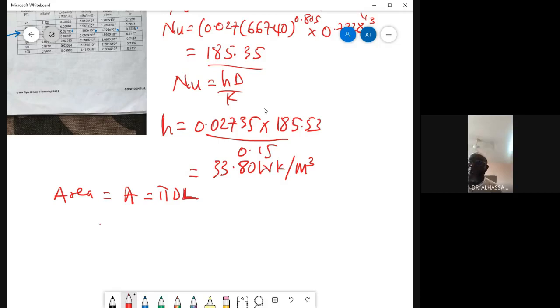All right, so now our Q equals hA times Ts minus T infinity.